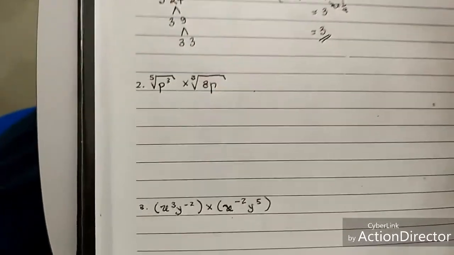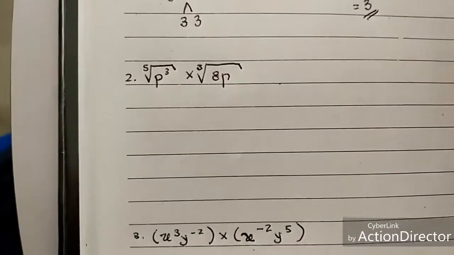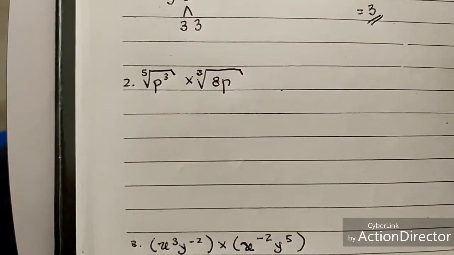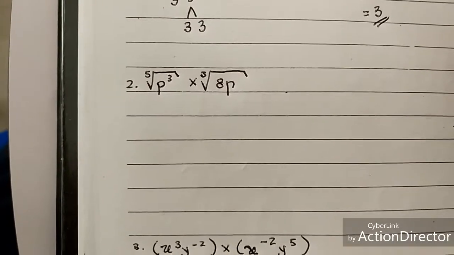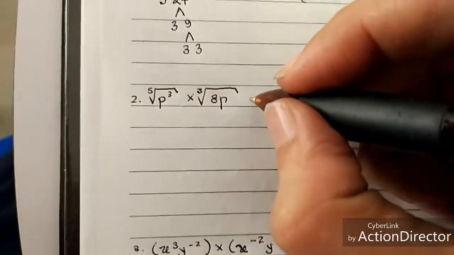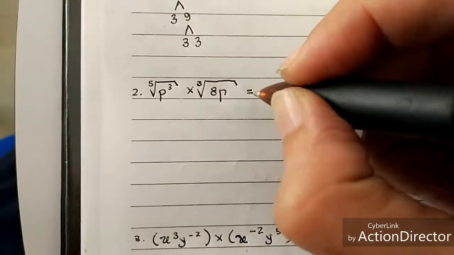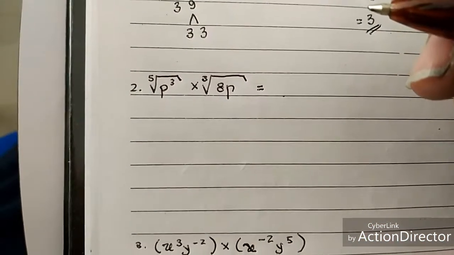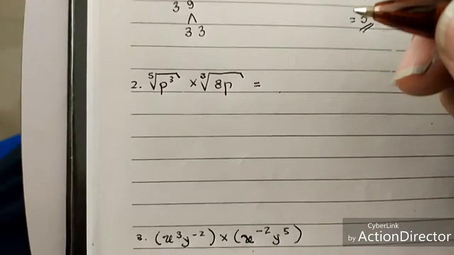Okay, the second question. The fifth root of p to the power of 3 times the cube root of 8p. Now I will write this question in a different form, using index form.